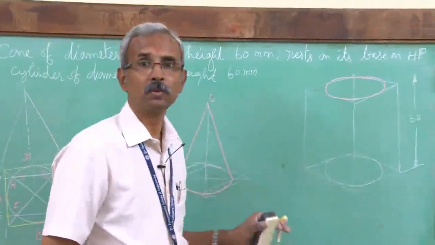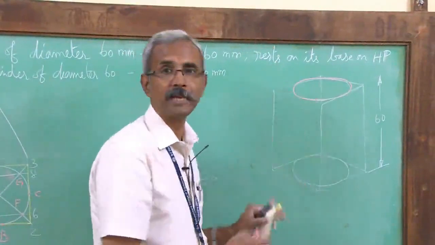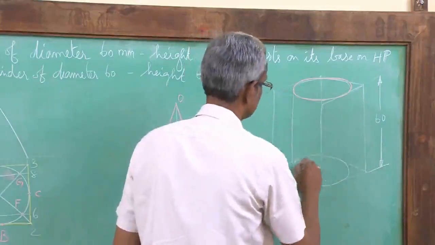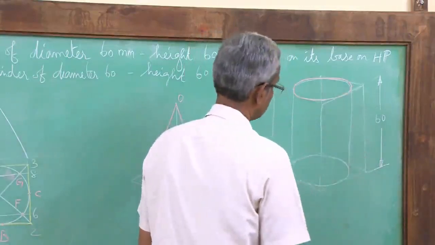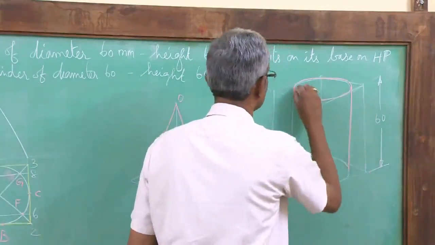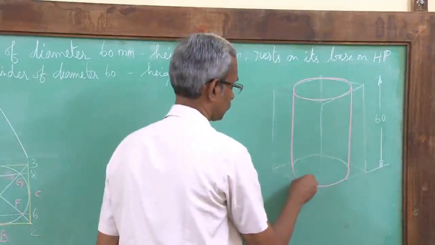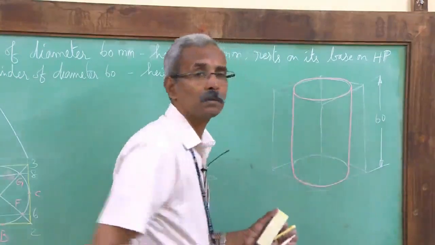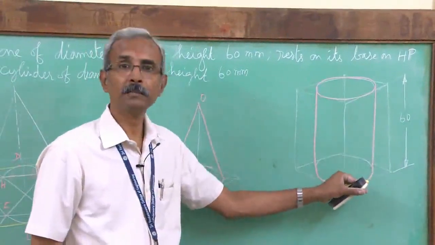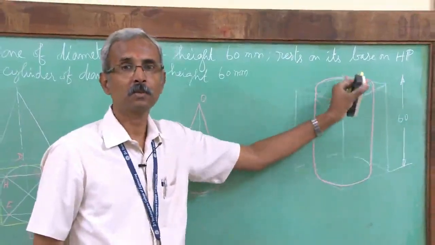And having drawn these two, you need to connect these two ellipses using two lines which will be tangential to both the ellipses. So this is the isometric view of the given cylinder. We have the base, the top face, and connect them using two lines which will be tangential to both the ellipses.